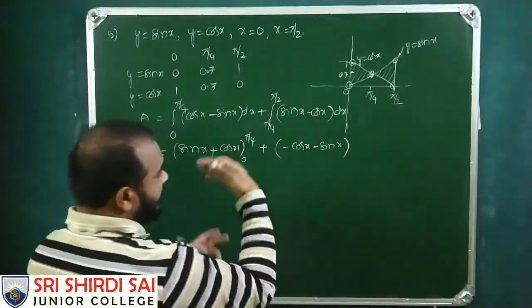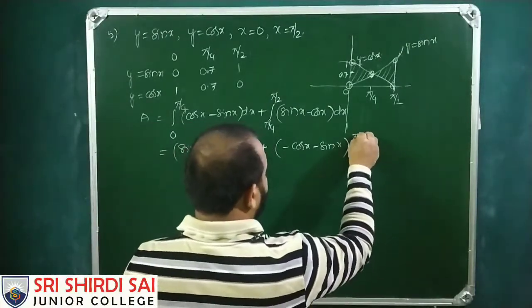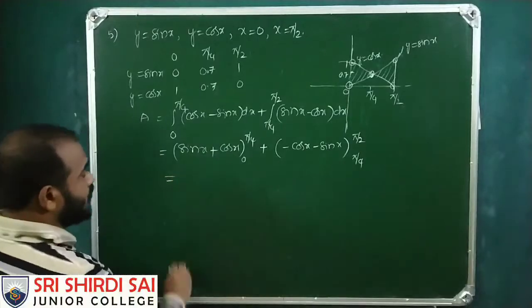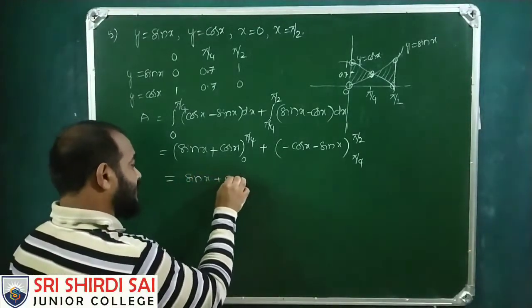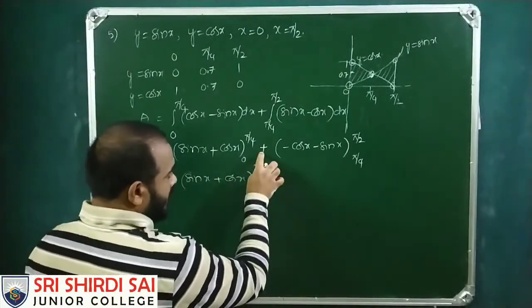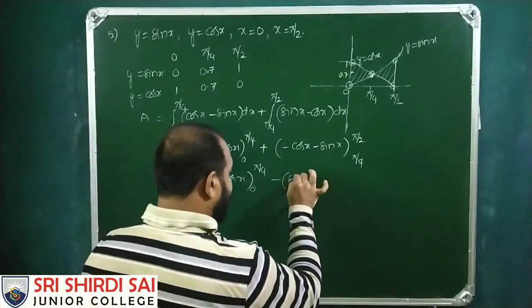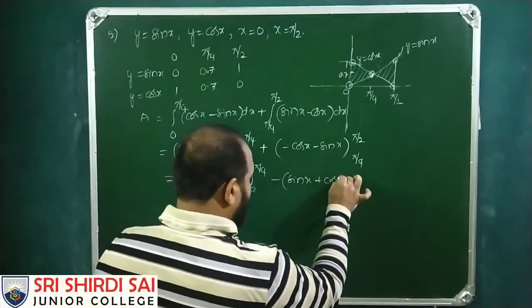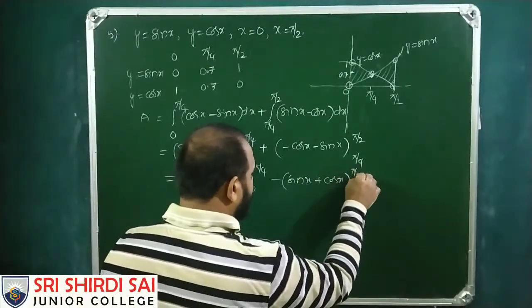The process of integration is over. Pi by 4 to pi by 2. This is equal to sin x plus cos x, whole, 0 to pi by 4. In the second, if I take minus in common, then this is sin x plus cos x, whole, pi by 4 to pi by 2.